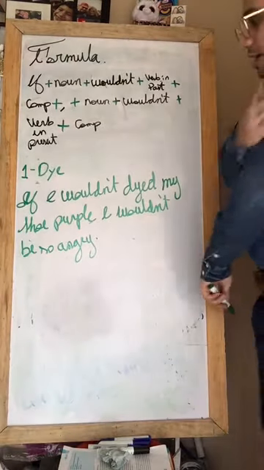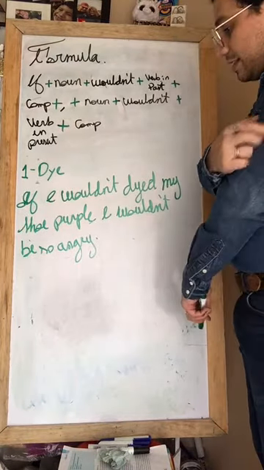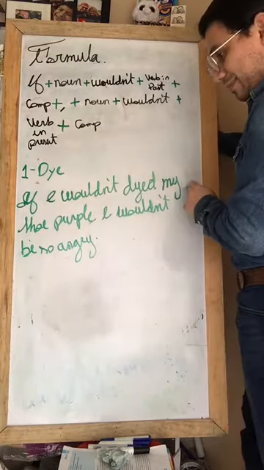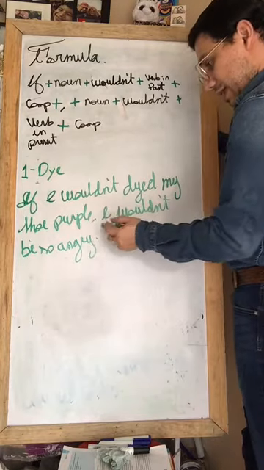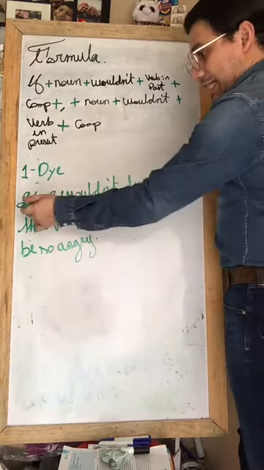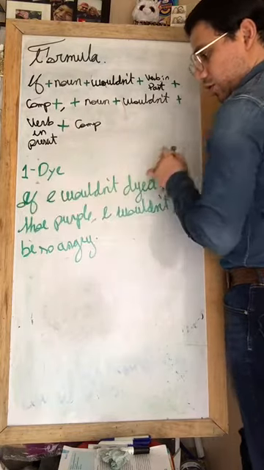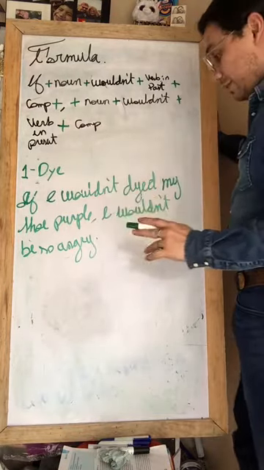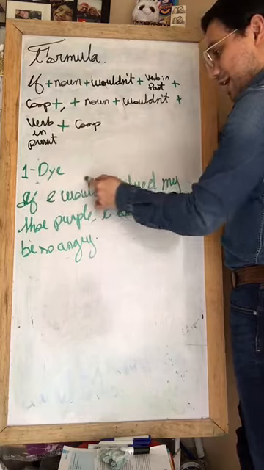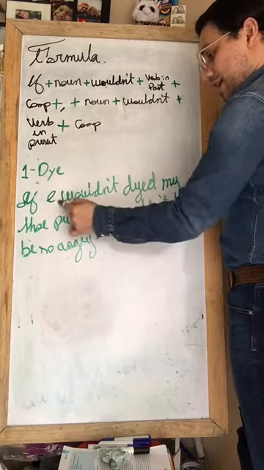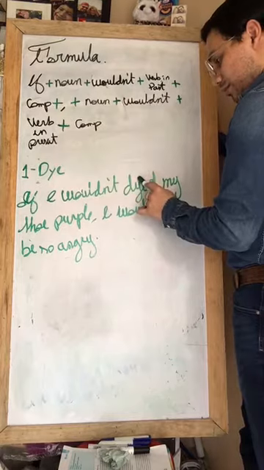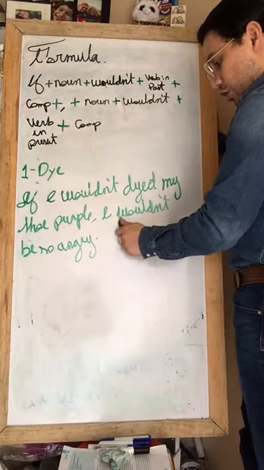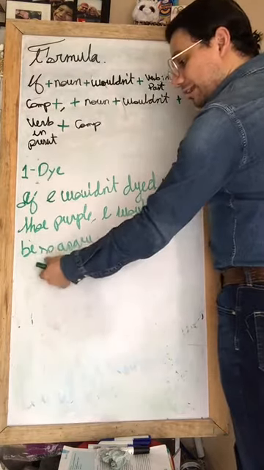So as you can see, remember we do the opposites of the sentences. So we would say, if I wouldn't dye my shoe purple, comma, I wouldn't be so angry. Si no hubiera tenido mi zapato púrpura, yo no hubiera estado tan enojado.